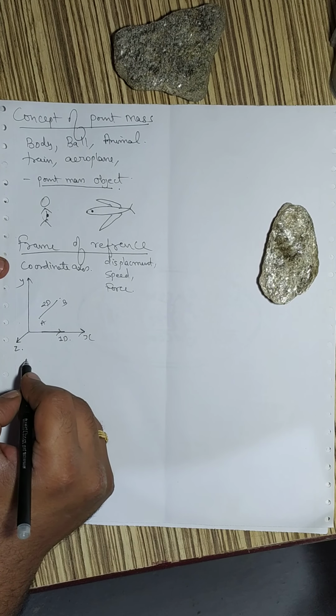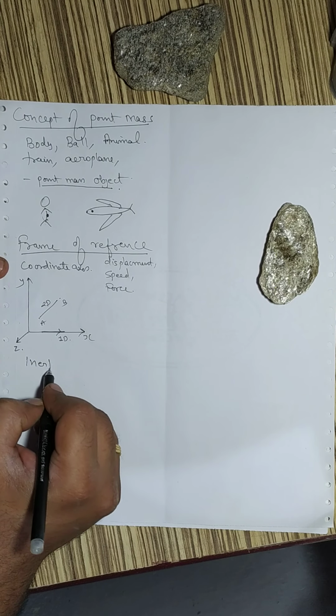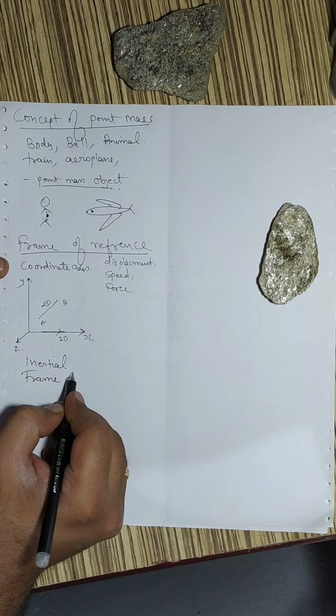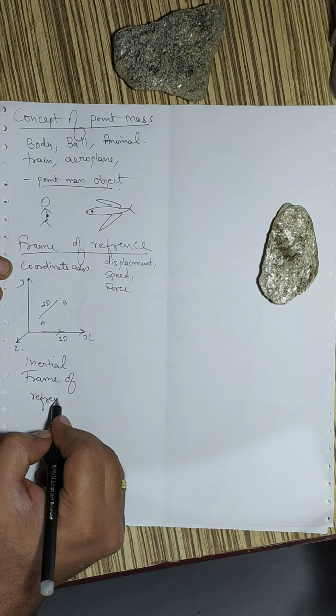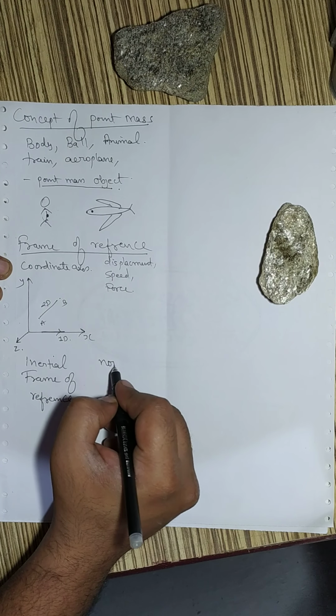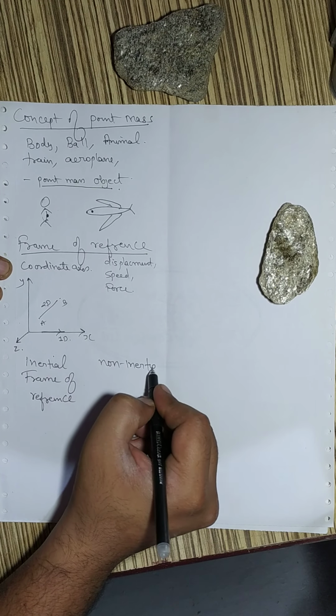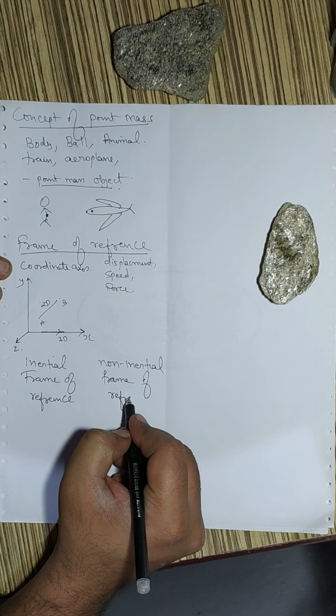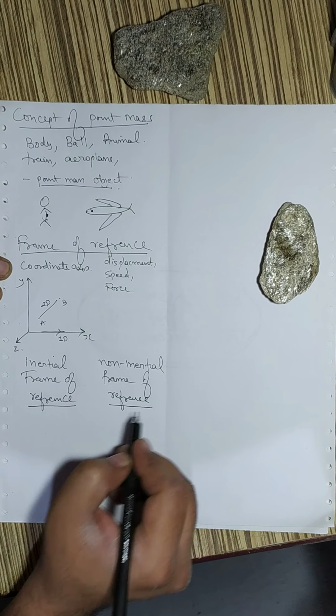We have two types of frames of reference. One is the inertial frame of reference and the other one is the non-inertial frame of reference. What do you mean by these two terms?